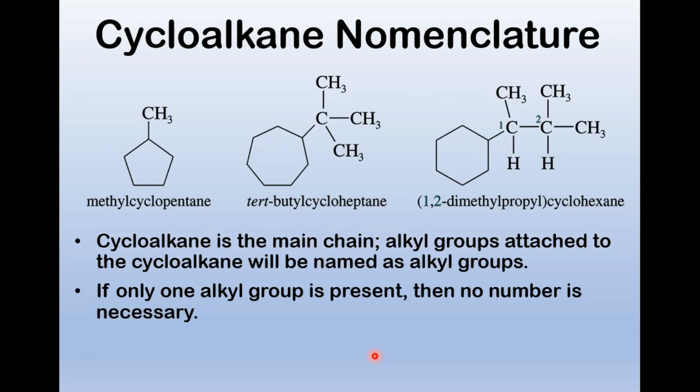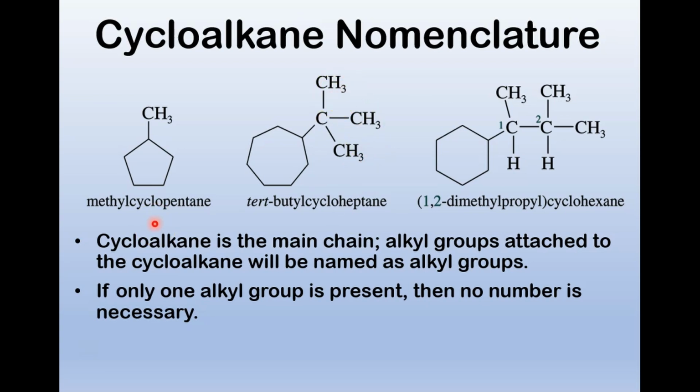So if we're going to figure out our nomenclature on cycloalkanes, once again, don't try and call this 1,1-dimethyl ethyl. No, you want to have all those alkyl groups named up to the 4 carbons, and this is tert-butyl.